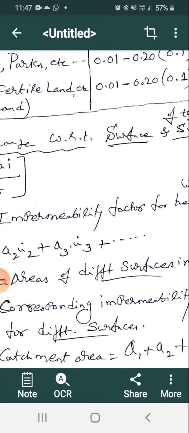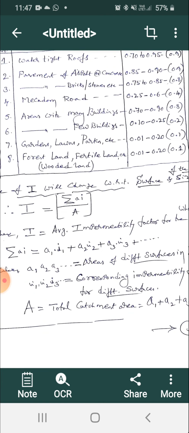Right. Now, let us start with this one. A can be determined by means of a map. I can be determined using this equation: sigma AI divided by sigma A. What is sigma AI? The summation of all the areas, each multiplied by its respective I value.